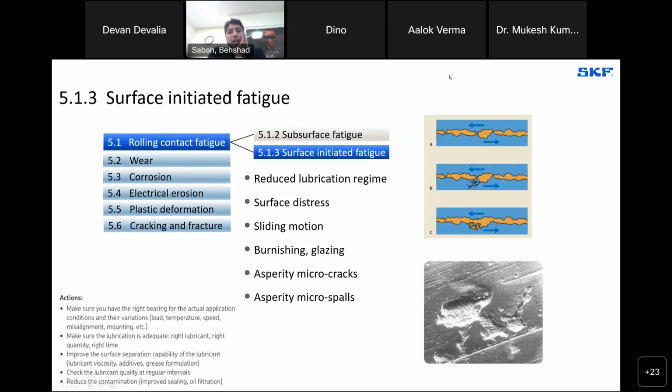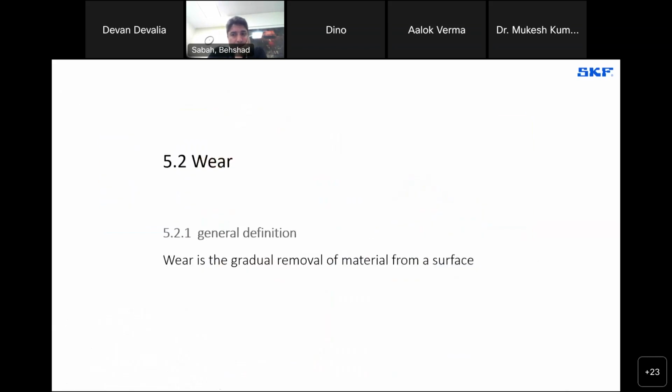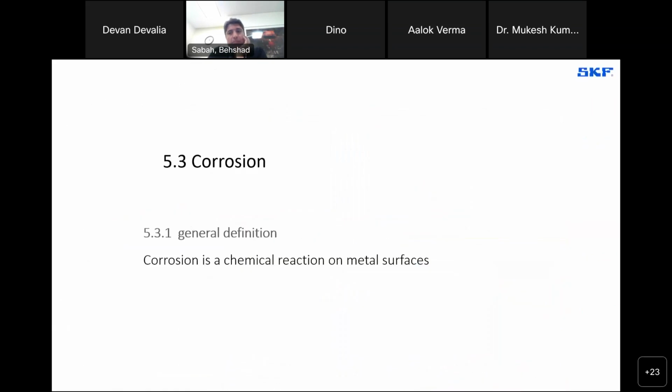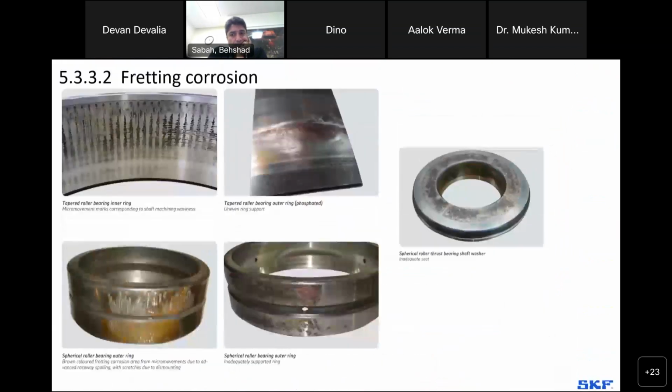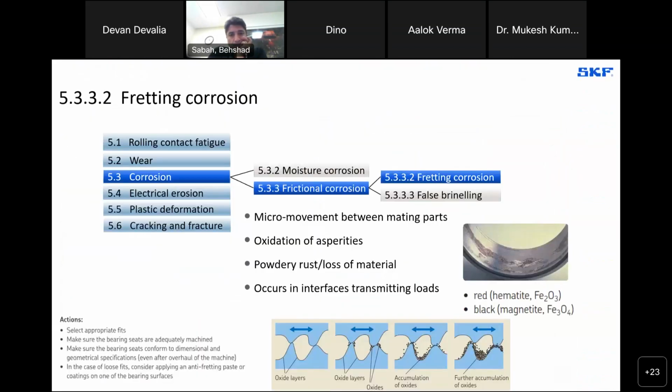Okay, good, thanks. Next question: is there a minimum amount or percentage of fretting that is considered acceptable? Yes, and the reason is that it is normal to have fretting corrosion around the outer diameter of a bearing in a loose fit application. We mentioned this is the result of oscillation.